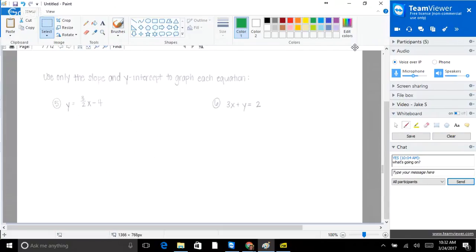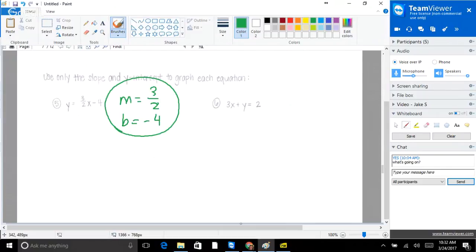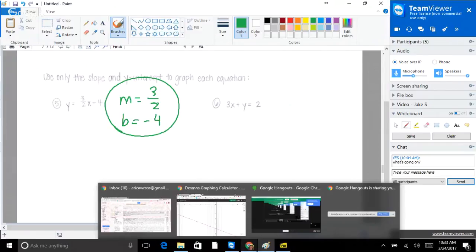So the slope is 3 over 2, right? And what about the y-intercept? Yep. All right, so we've got those two things. Now, just using those two pieces of information, can we graph it? That's the challenge, right? And the answer is yes, we can totally graph it.